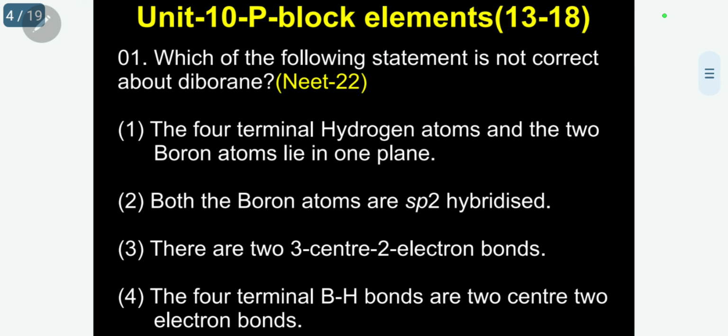Most probably the correct answer is 2. That means not correct. Both boron atoms are not sp2 hybridized, because if you look into the hybridization or structure of diborane, it is sp3 hybridization. So this 2 is not correct.